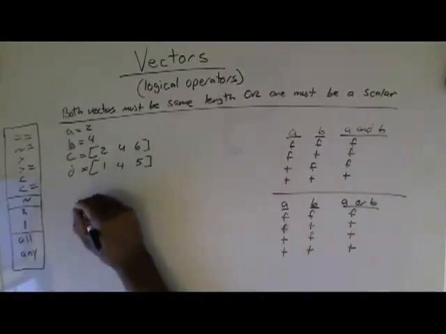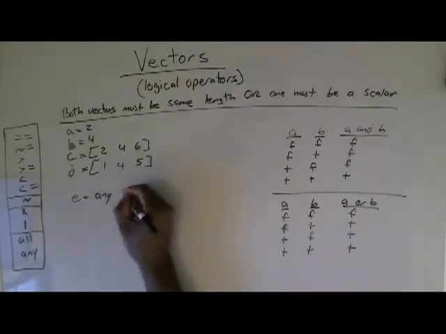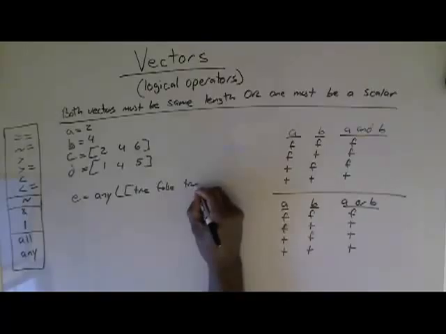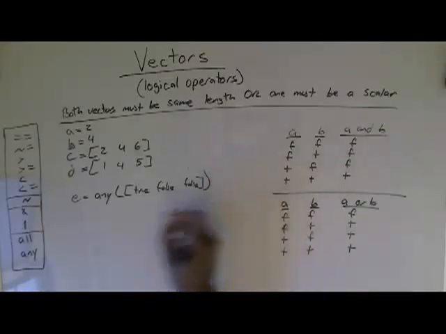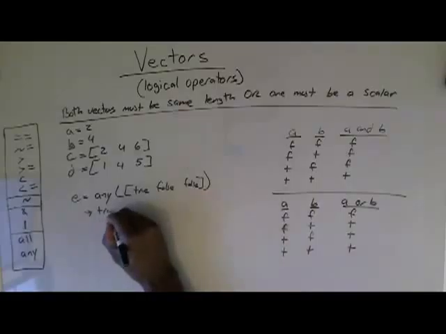So if I had E equals any of true, false, true, I'll make this one false. So what any says is if anything in that vector is true, then the answer is true.